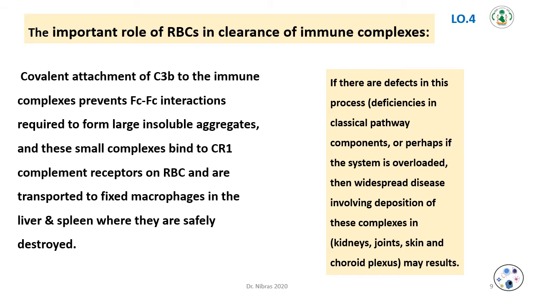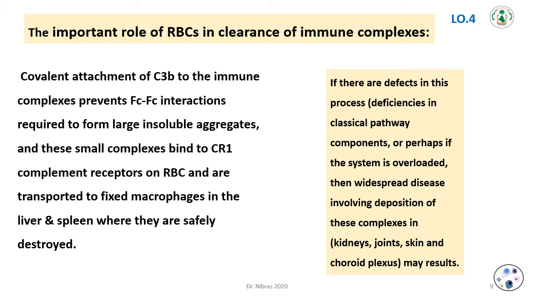These interactions are required to form large insoluble aggregates, and these small complexes bind to the CR1 receptor, the complement receptor on RBCs, and are transported to fixed macrophages in the liver and spleen where they are safely destroyed.